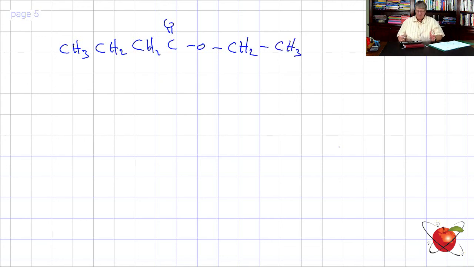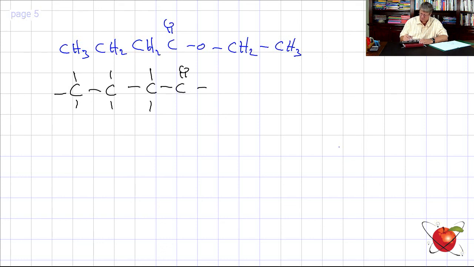How do I identify it? You can go straight to source if you wish. However, I like to draw this first, just to make sure: a C with 3 H's, linked to a C with 2 H's, linked to a C with 2 H's, linked to a C with a double bond O and an O, a C and a C, like so.